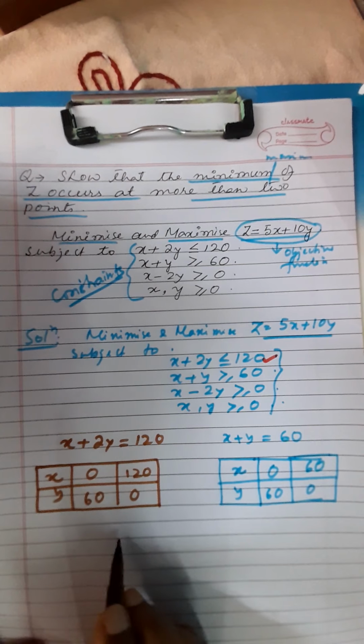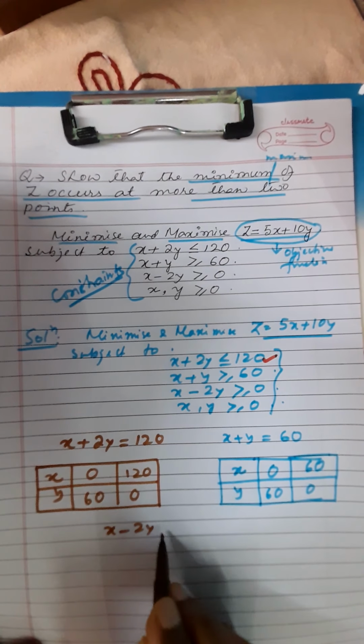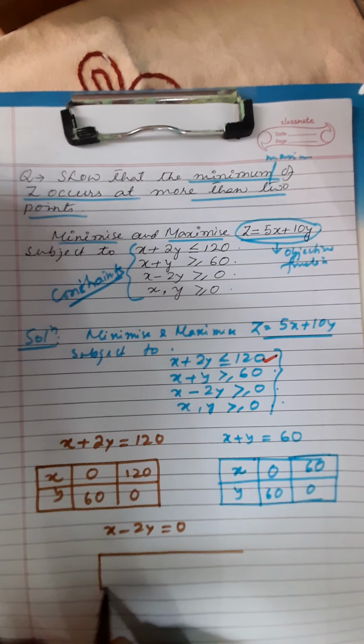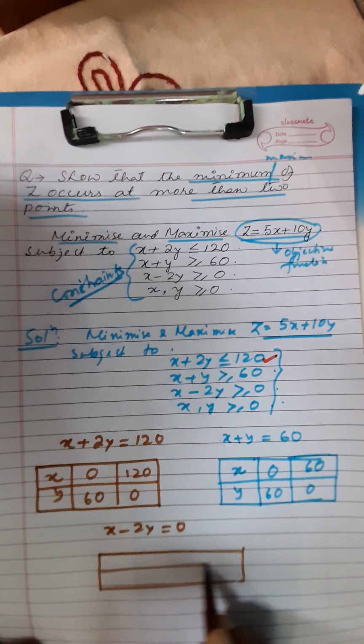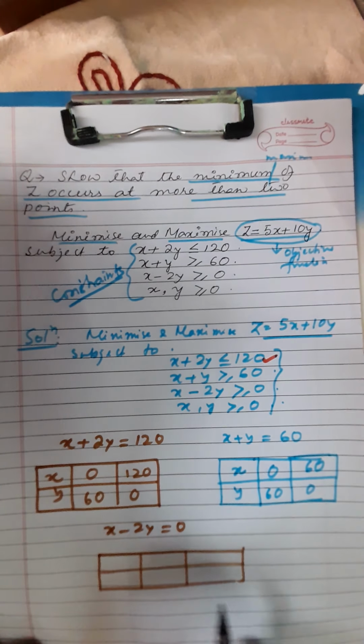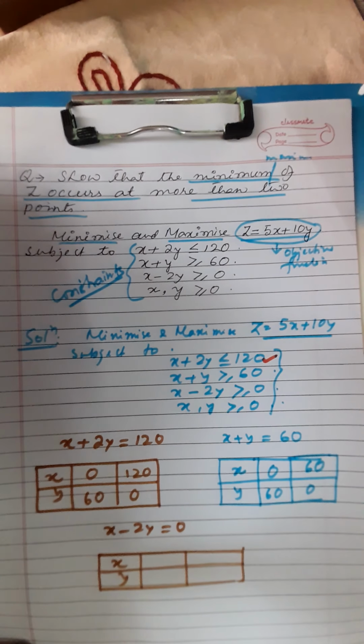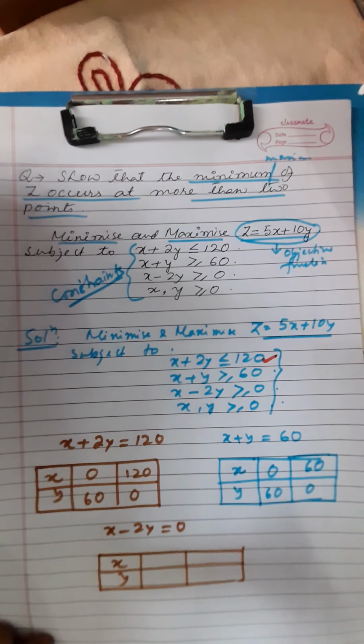The last one is x minus twice y equals 0. When x is equal to 0, y is equal to 0, so it passes through the origin.